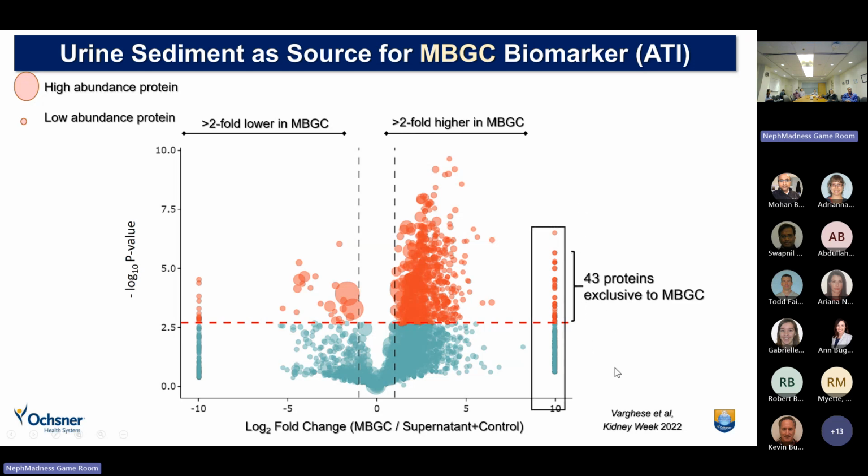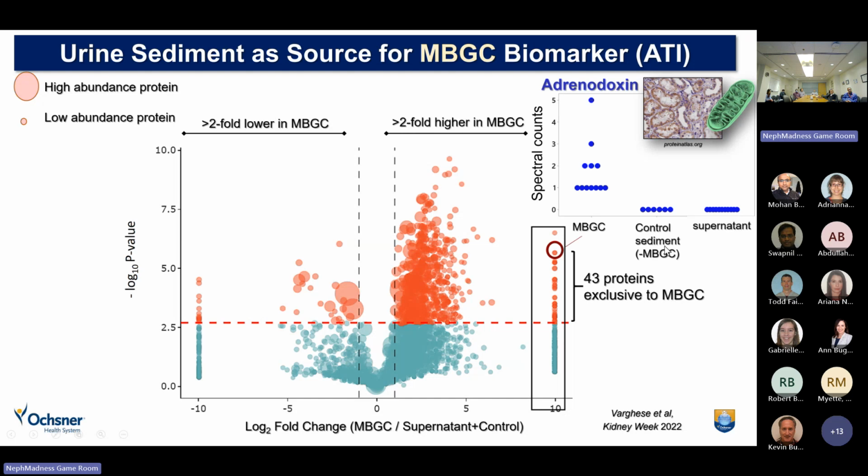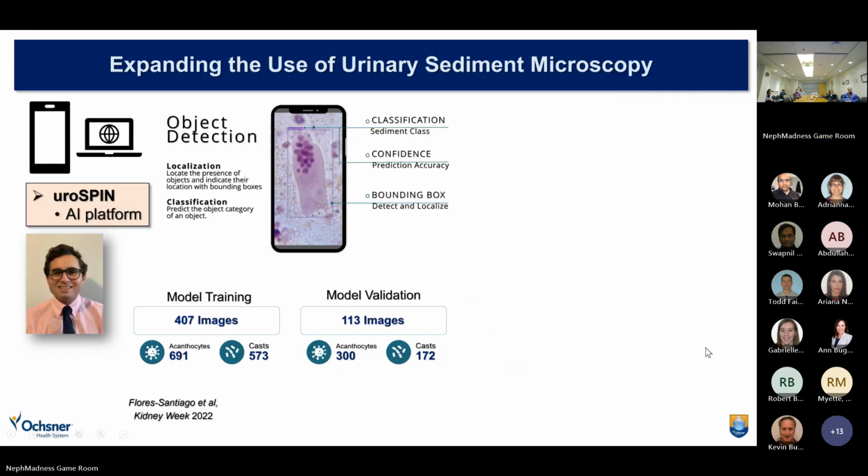And here in this right column are the proteins that were exclusive to muddy brown cast. 43 proteins were identified. And here's one of them, adrenodoxin, a mitochondrial protein expressed in proximal tubules. We found it in 8 of the 12 cases of muddy brown cast and 0 of the controls or in the supernatant. So we think this is a potential candidate for a muddy brown cast biomarker.